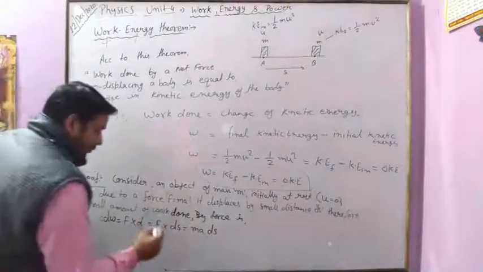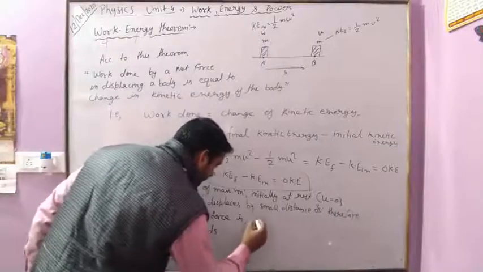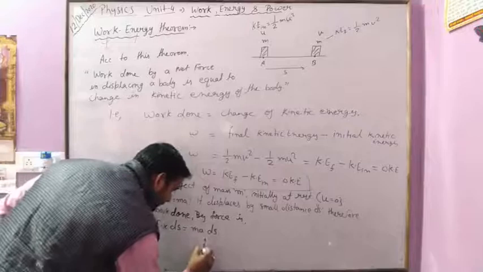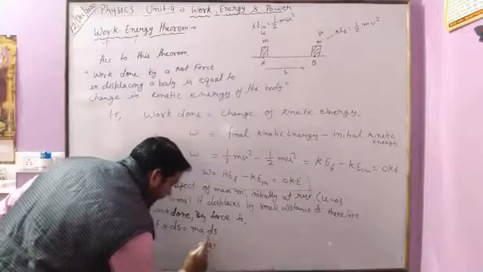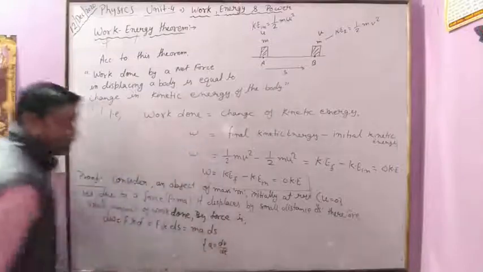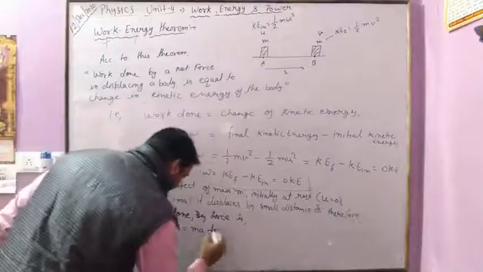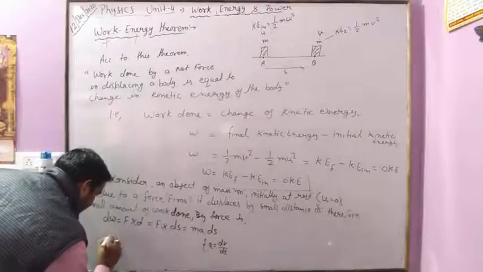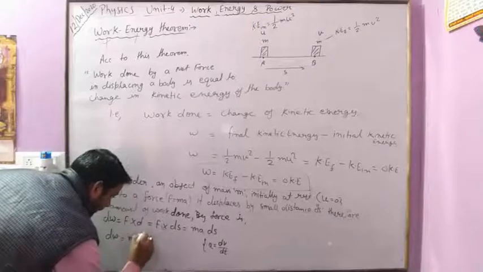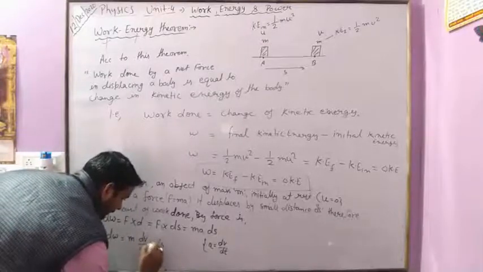Okay, now students, we can write a is equal to dv upon dt. Using this, dW is equal to m dv upon dt into ds.